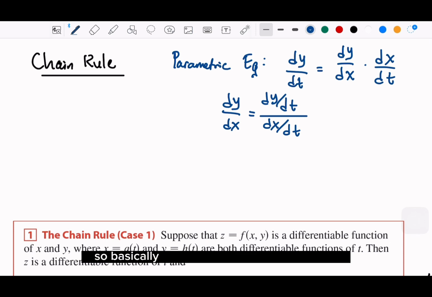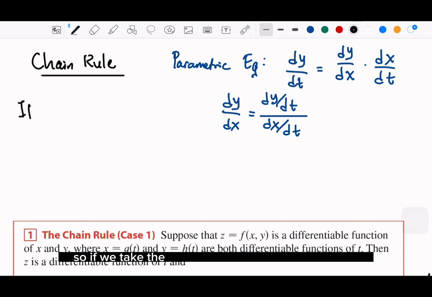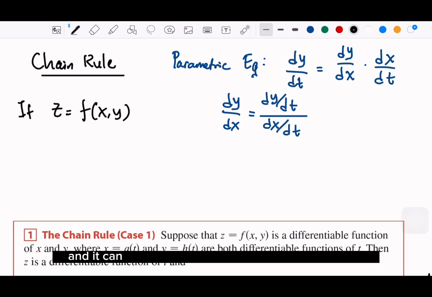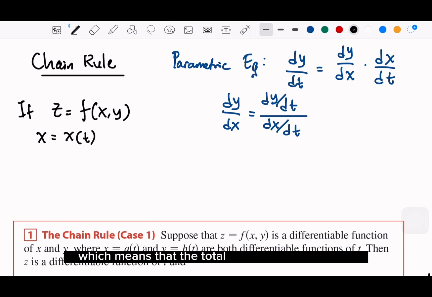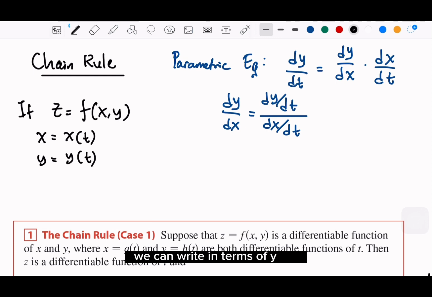So we take the parameter t to help out the definitions. Basically, for partial derivatives, if we take z as a function of two variables x and y, and we can define this x and y in terms of one variable, for example x of t, which means that the variable will be t, and y we can write as y of t.